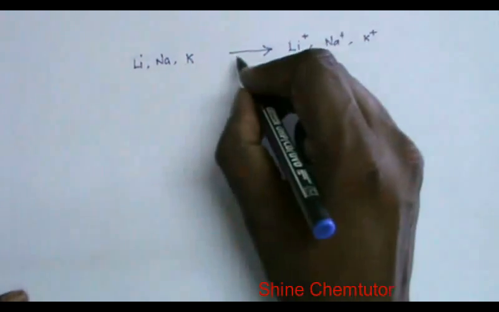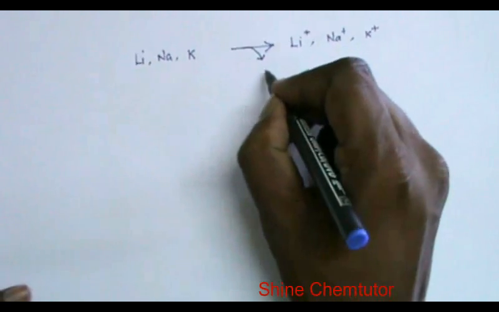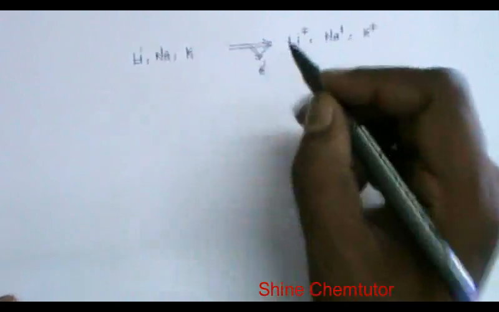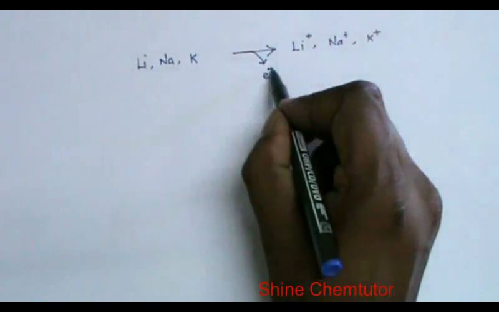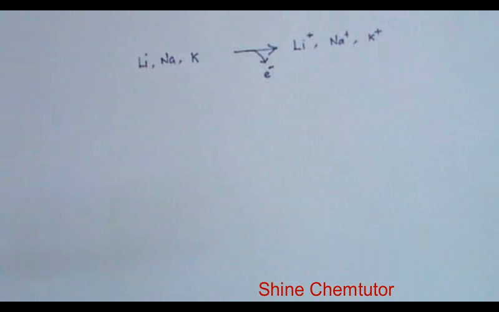That means they lose 1 electron. So I use this term to be easy. So it is 1 electron, not 1 negatively charged species. It is not a lone pair. It is 1 electron.